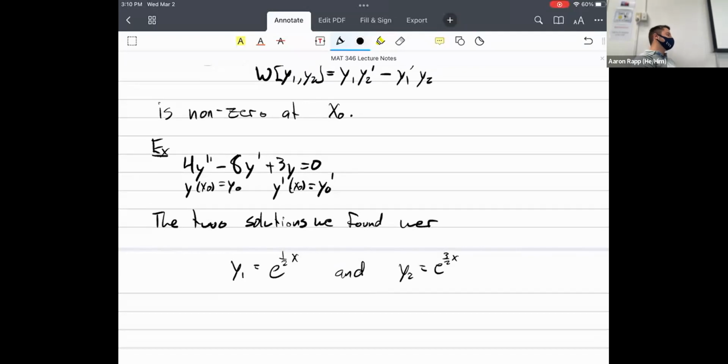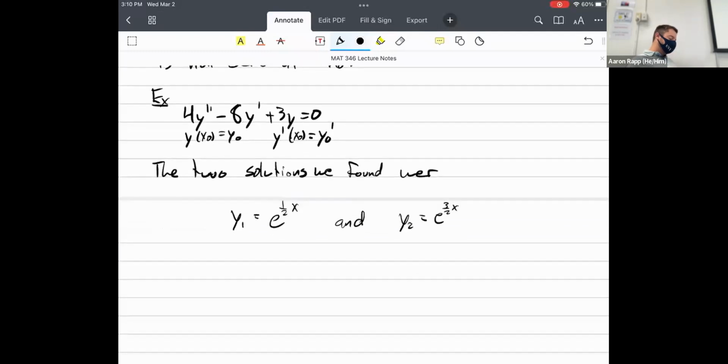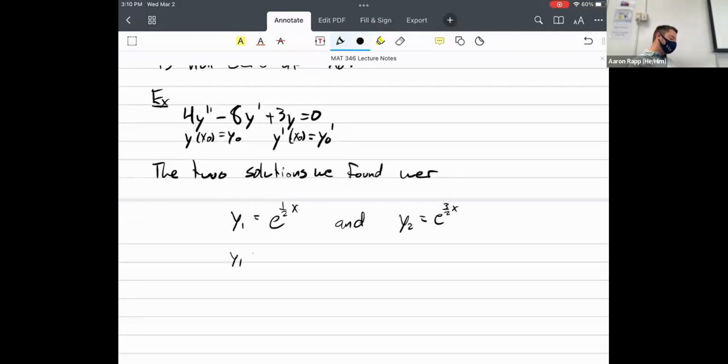So the question is, if I apply these initial conditions, will I be guaranteed a unique solution? As that theorem says, just find the Wronskian at the initial condition. To get the Wronskian, I also need the derivatives of these two solutions. That's just 1/2 e to the 1/2 x and 3/2 e to the 3/2 x.